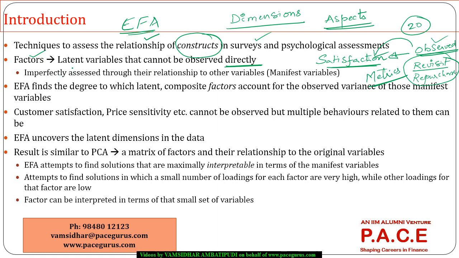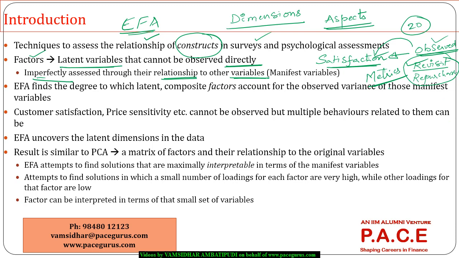So here when I am using the word factor, they are typically the latent variables. They cannot be observed directly, but I try to create some kind of an imperfect relationship with respect to other variables. See, number of revisits may not be directly a measure of satisfaction.